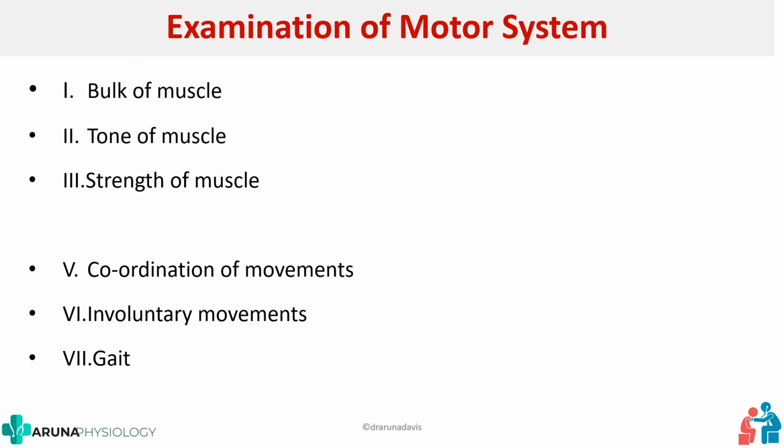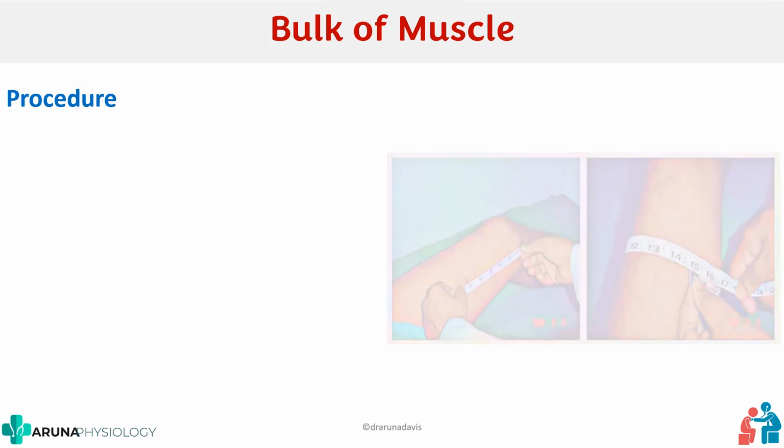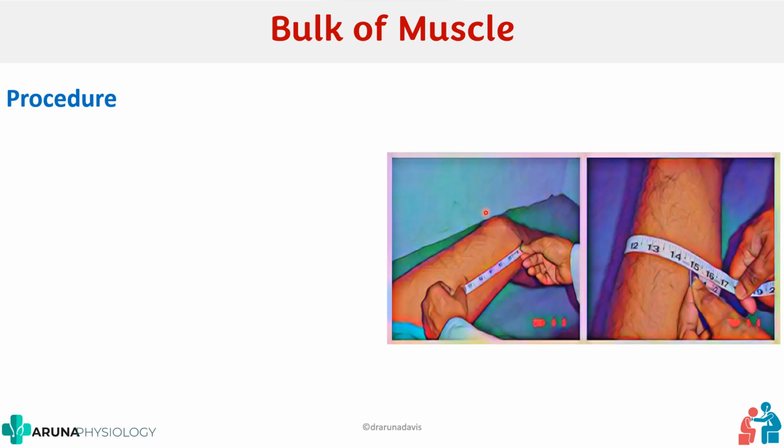Okay, so let's start. How do we check the bulk of the muscle? The basic principle is we find out the bony prominence, and from there we measure the distance to the midpoint of that particular part.